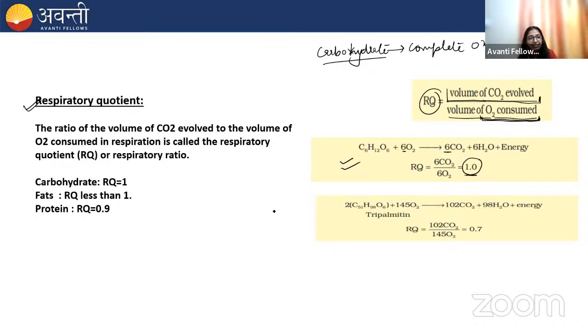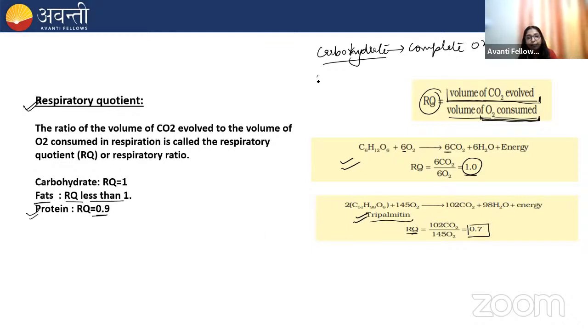Fatty acids or fats have a respiratory quotient less than 1. For example, in this equation, tripalmitin, the RQ is 0.7. And proteins have a respiratory quotient of 0.9.